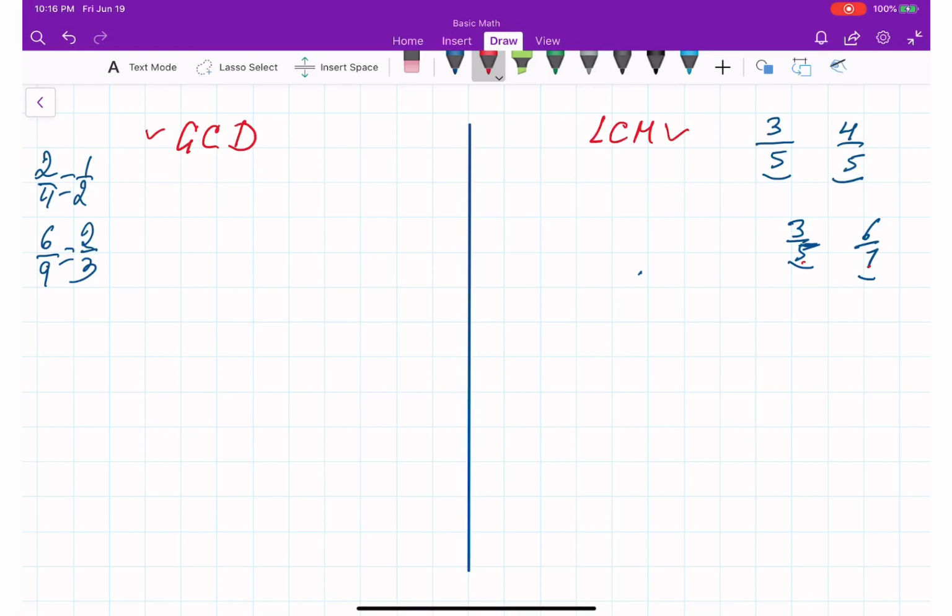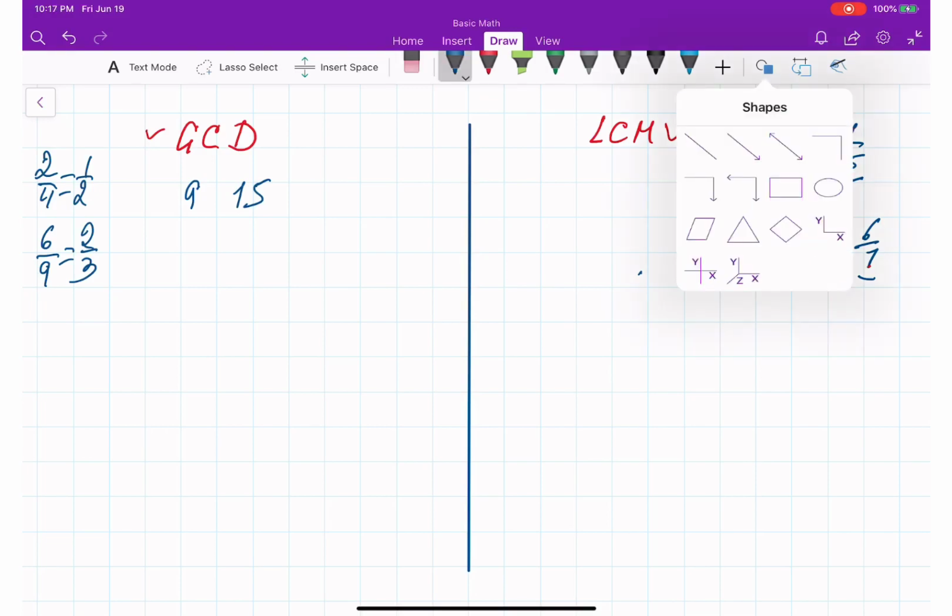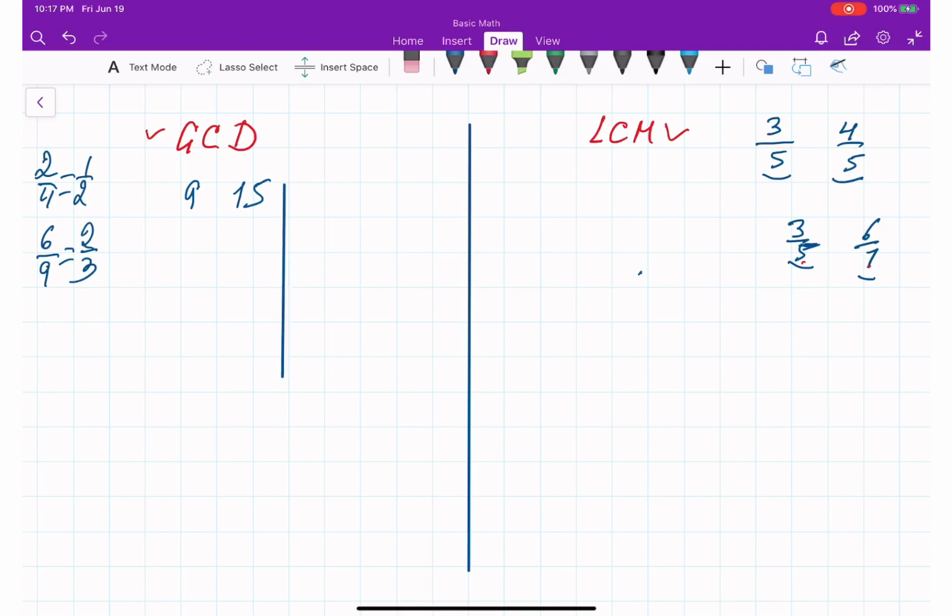Okay, so let's take, for example, numbers 9 and 15. And the same way, for the same numbers, I'm going to use the LCM principle.